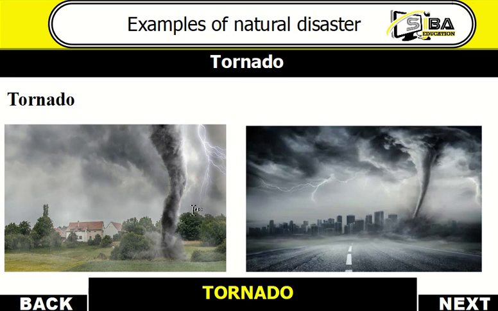This kind of natural disaster doesn't happen in Africa. It happens in European countries and Asia. That is where these natural disasters mostly happen. But in Africa, we don't experience such examples of natural disaster. So a tornado is also an example of a natural disaster.